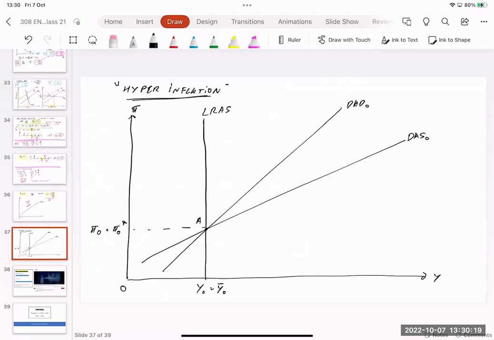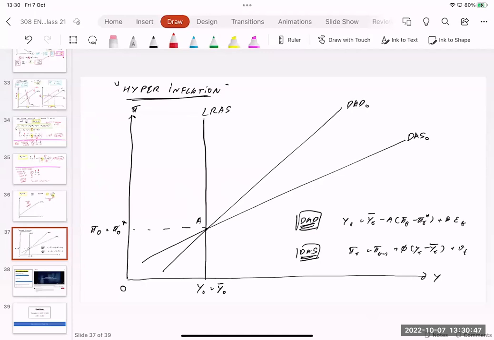And then we have the equation y_t equals y_t bar minus a times (pi_t minus pi_t star) plus b epsilon_t. And then you have the AS equation pi_t equals pi_(t-1) plus phi times (y_t minus y_t bar) plus v_t.